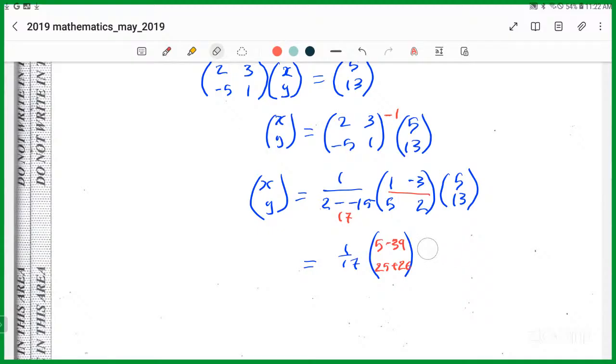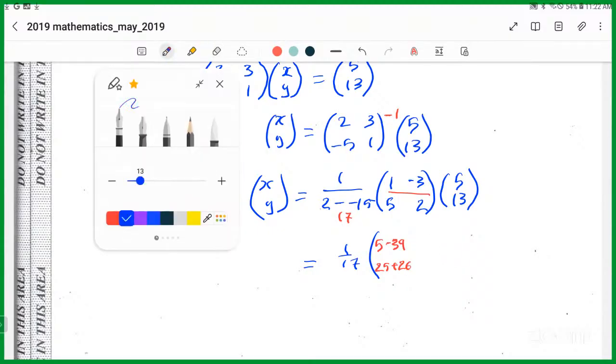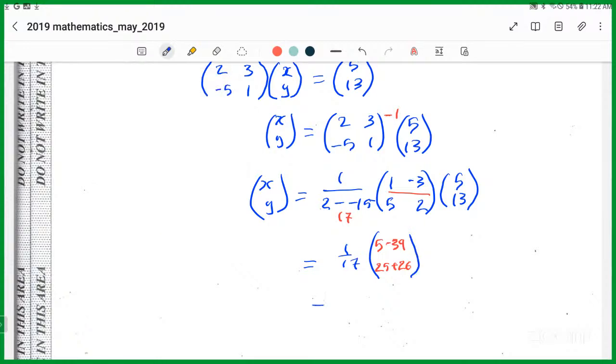Shift this bracket over a bit. So it becomes 1/17 bracket, -34 and 51. 25 and 26 is 51. I like this because these numbers are perfect multiples of 17.